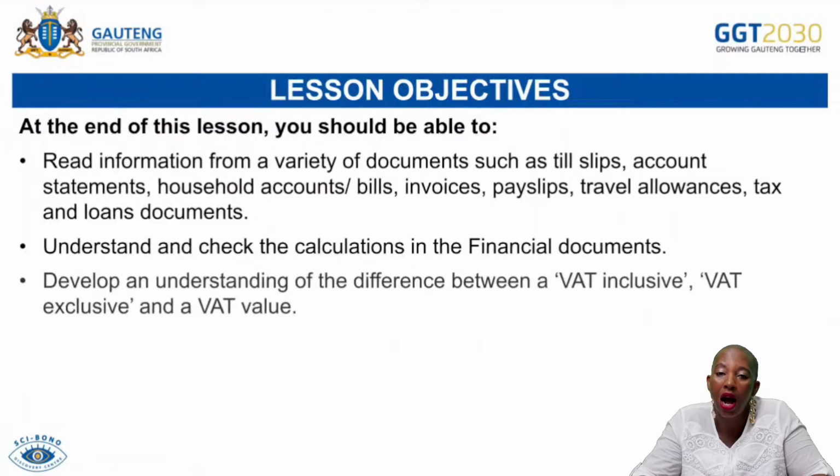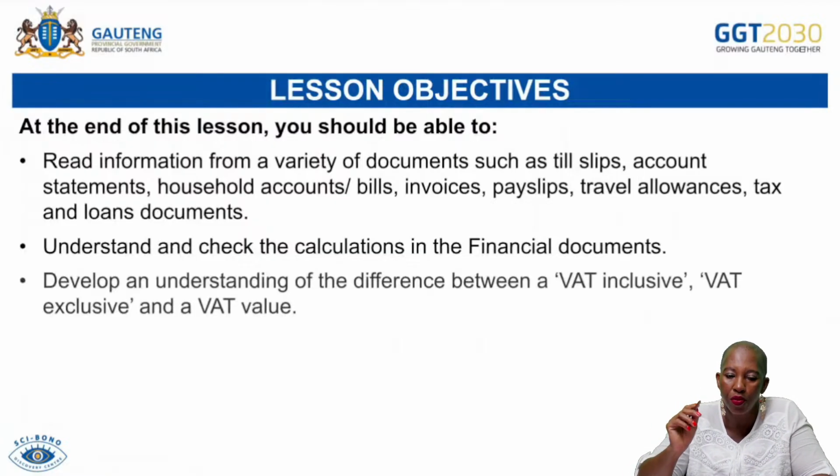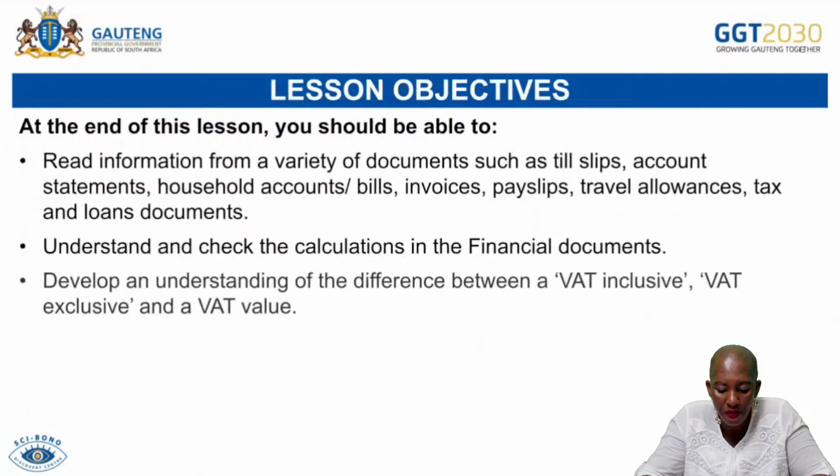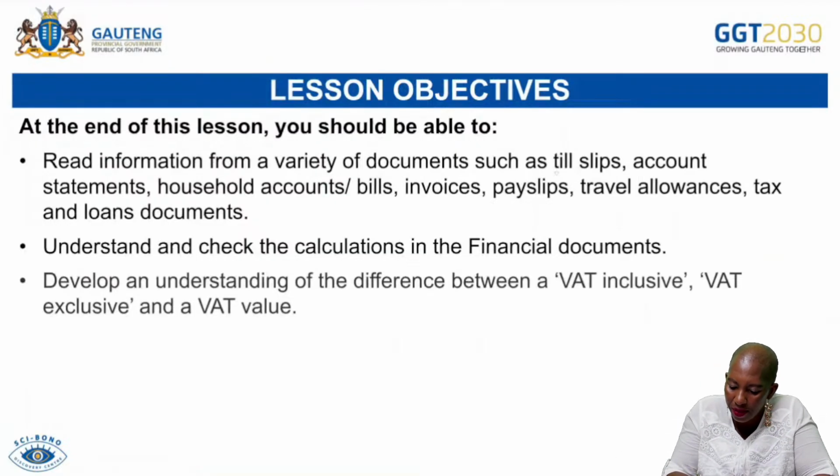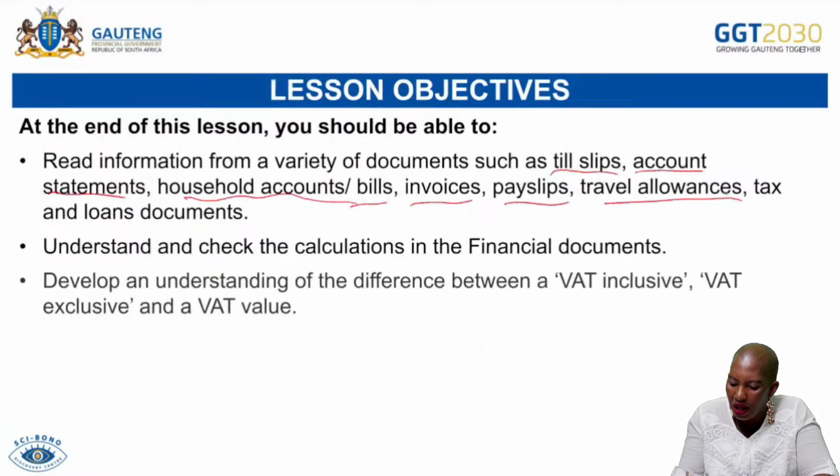By the end of this lesson, this is what you should be able to do: read information from a variety of documents such as till slips, account statements, household accounts or bills, invoices, pay slips, travel allowances, tax and loan documents, and also understand and check the calculations in financial documents.